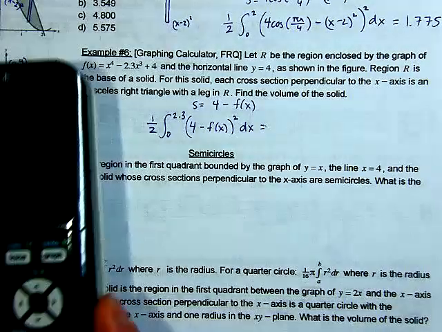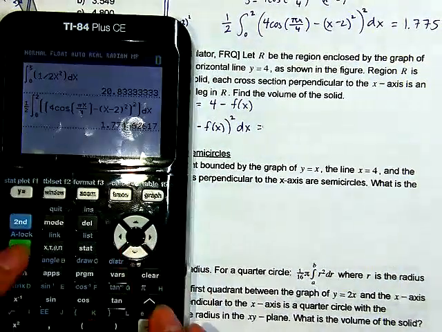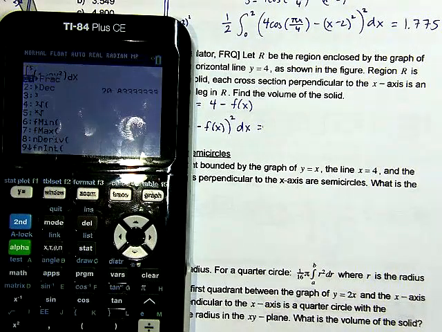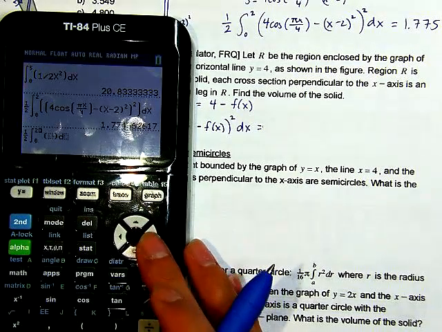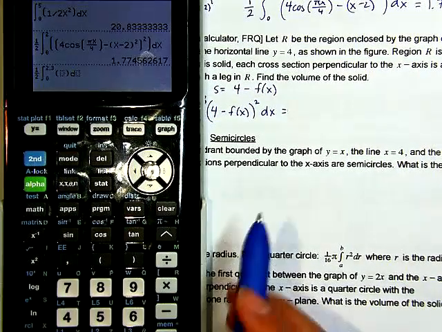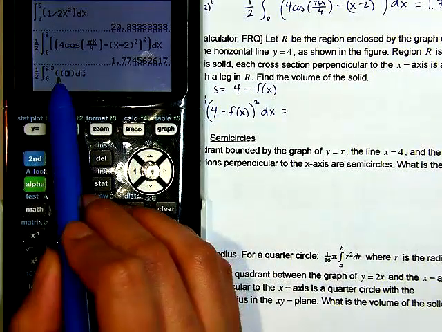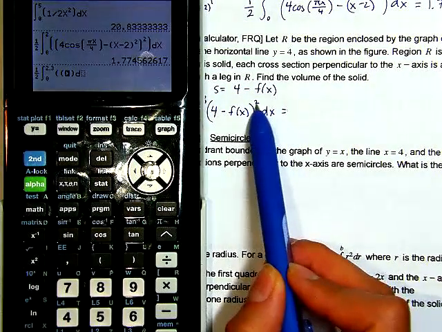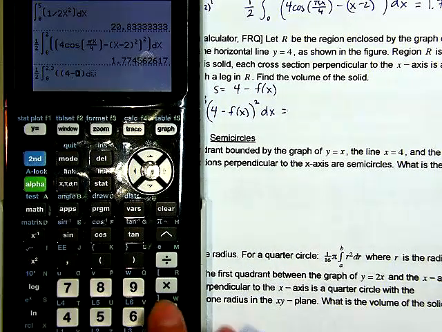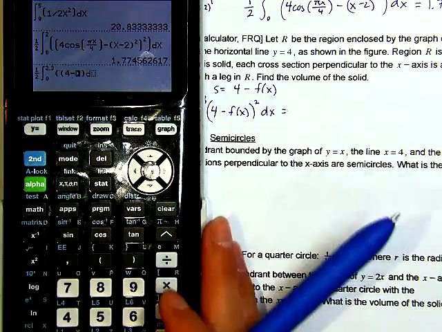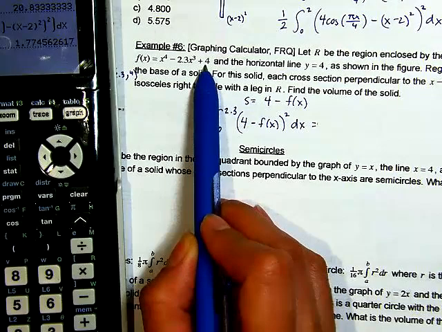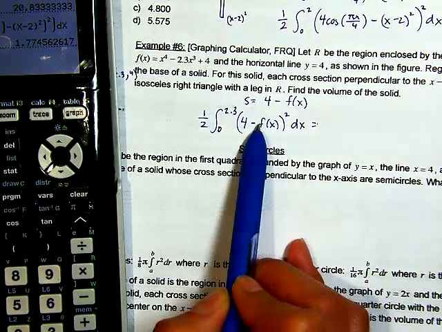Let's go ahead and plug this into our calculator. So we'll go from 0 up to 2.3. Again, go ahead and put in a set of parentheses because we're going to need to square it inside the set of parentheses that the calculator already gives for you. So here, please be careful when you actually type out x to the 4th and 2.3x cubed and 4. We do need to subtract everything.